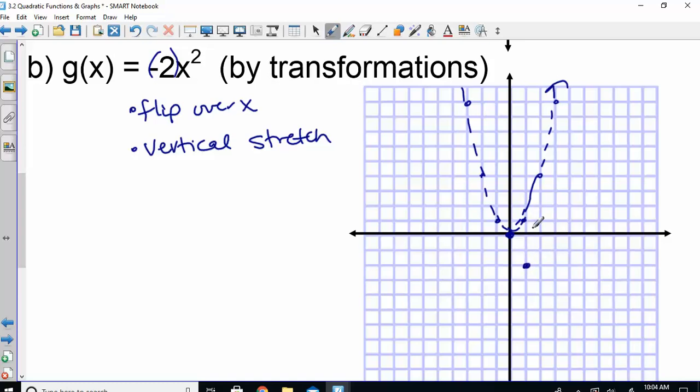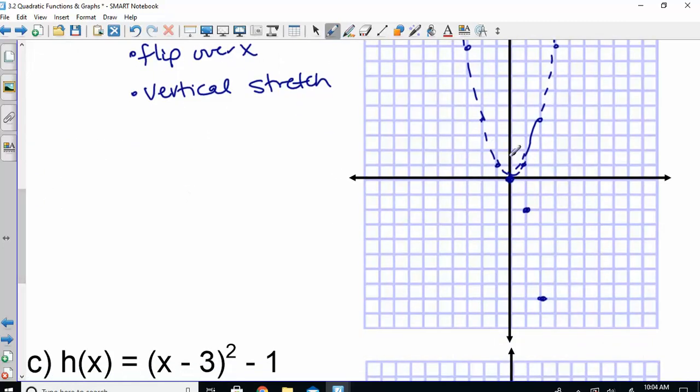This has a y value of 1, times negative 2 is negative 2. Here we have a y value of 4, times negative 2 would be negative 8. So negative 1, 1, move down, this one moves down. So we're just getting a skinny upside down parabola.